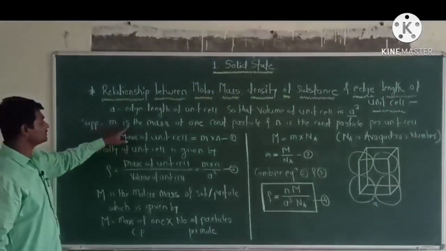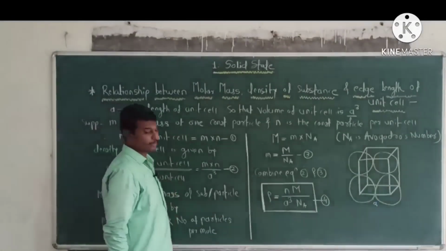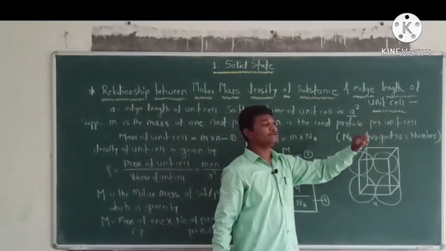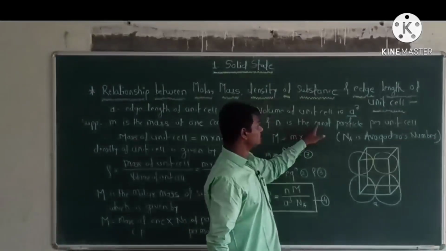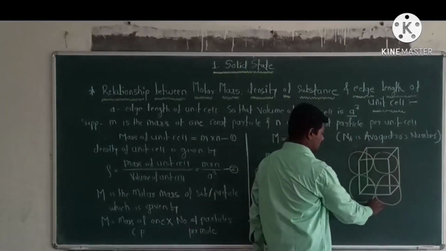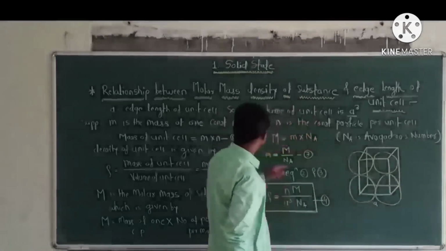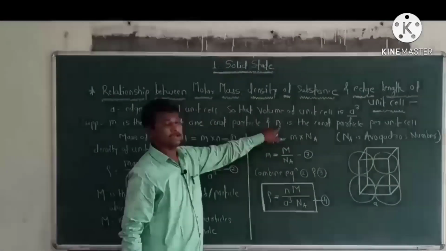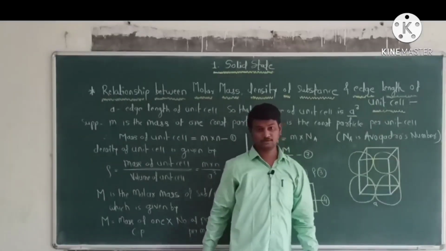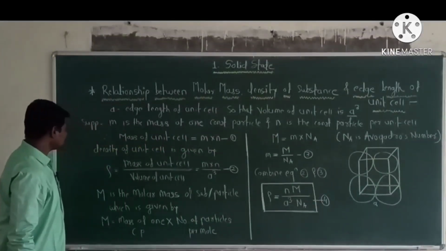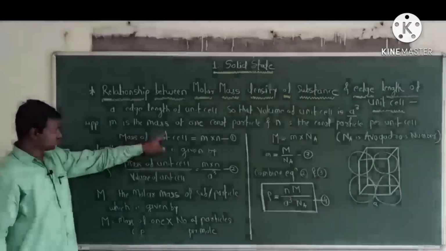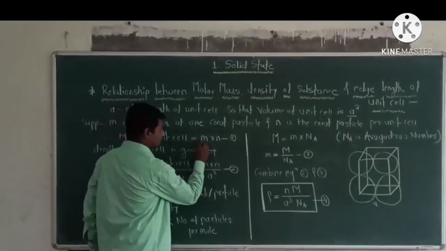That is, m is the mass of one constituent particle and n is the number of constituent particles per unit cell, denoted by small n. Therefore, the mass of unit cell is m into n.